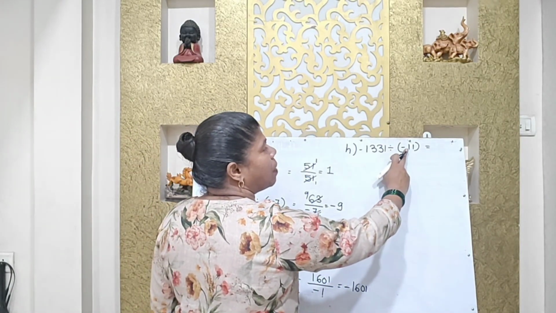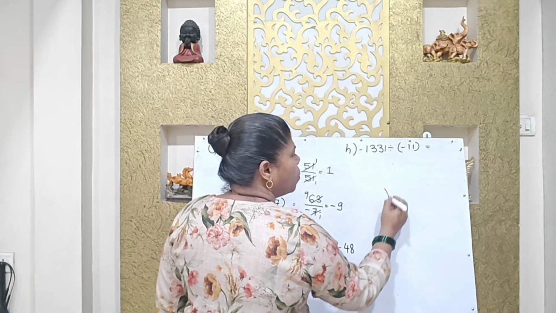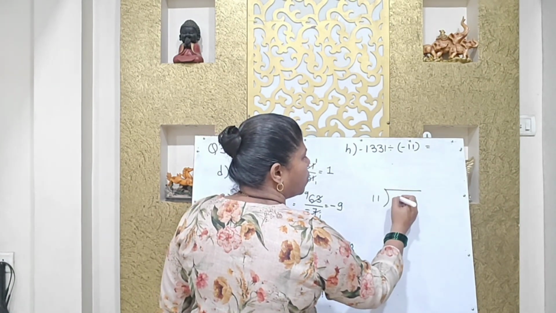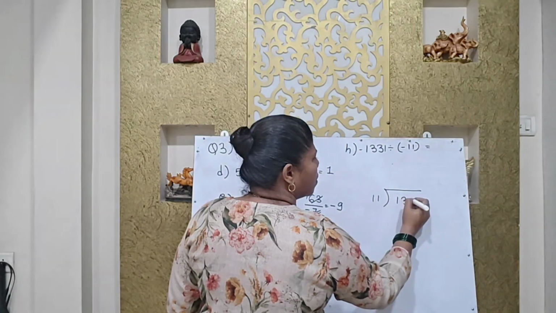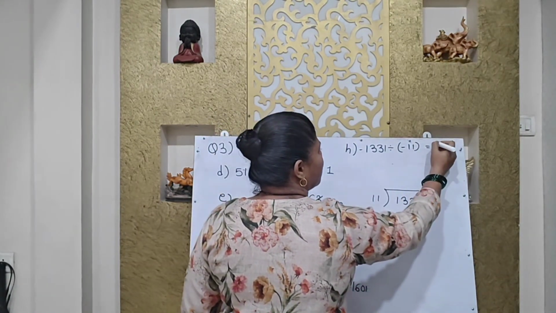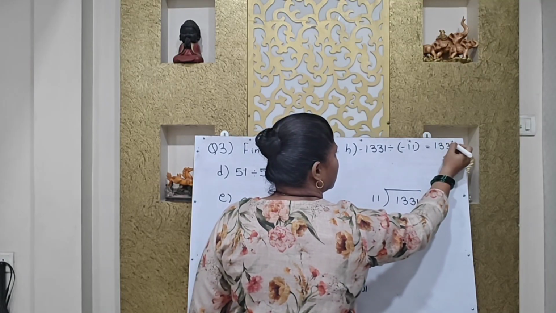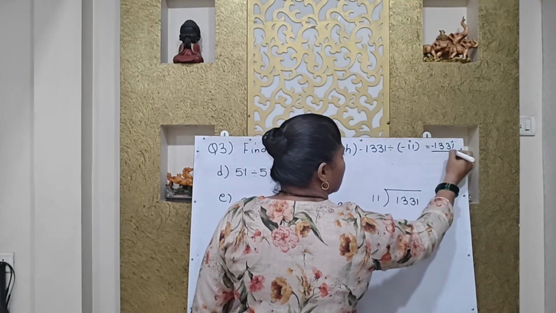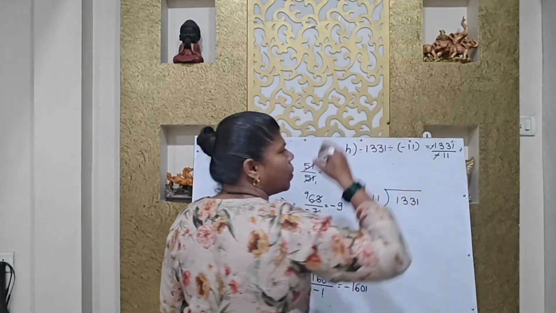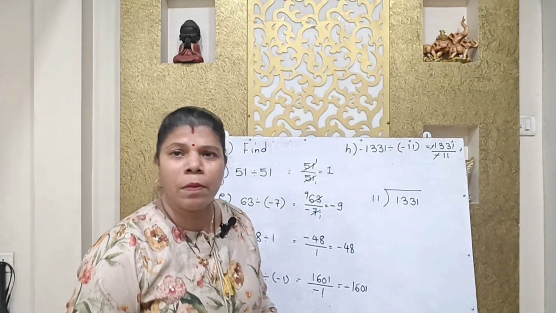Now minus 1331 divided by minus 11. Here you will write 11 and 1331. Minus 1331 upon minus 11. So this minus sign will cancel because same signs give positive.